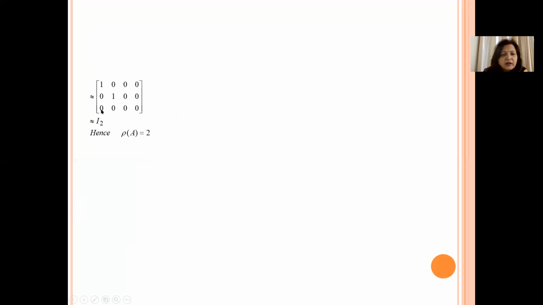Here we can see that we are getting a unit matrix of order 2, and at other places we are getting 0 or 0 matrix. So the rank of this matrix will be 2. In this way we can obtain the rank of a matrix by echelon form and by normal form.